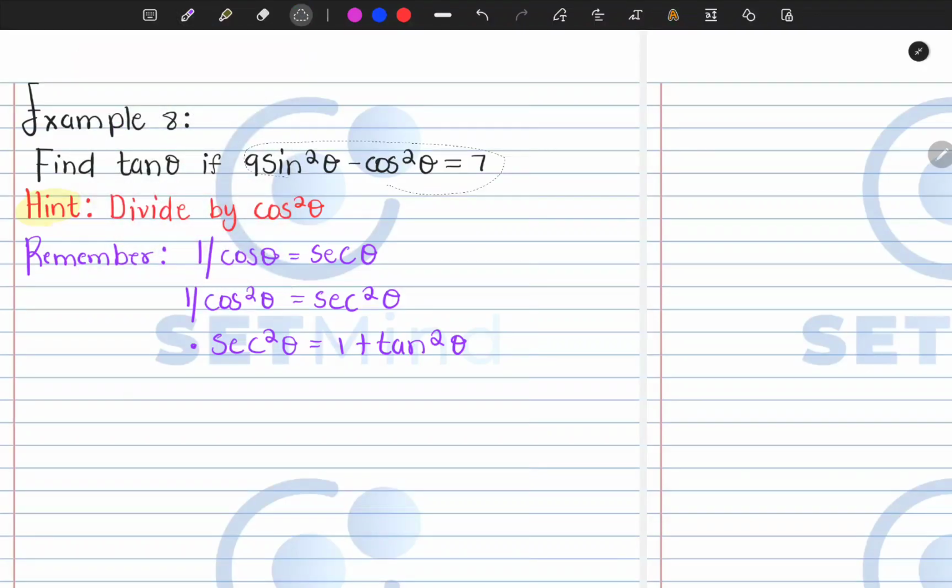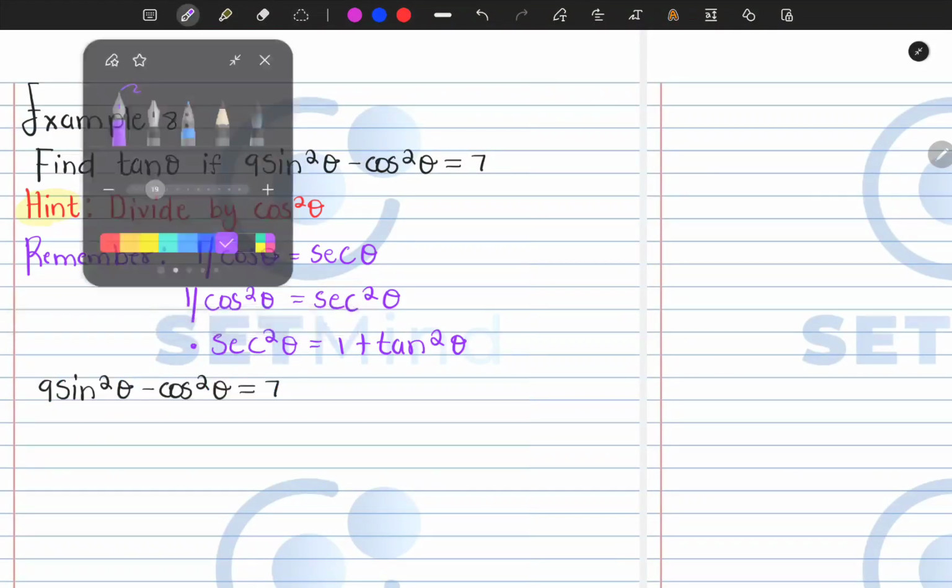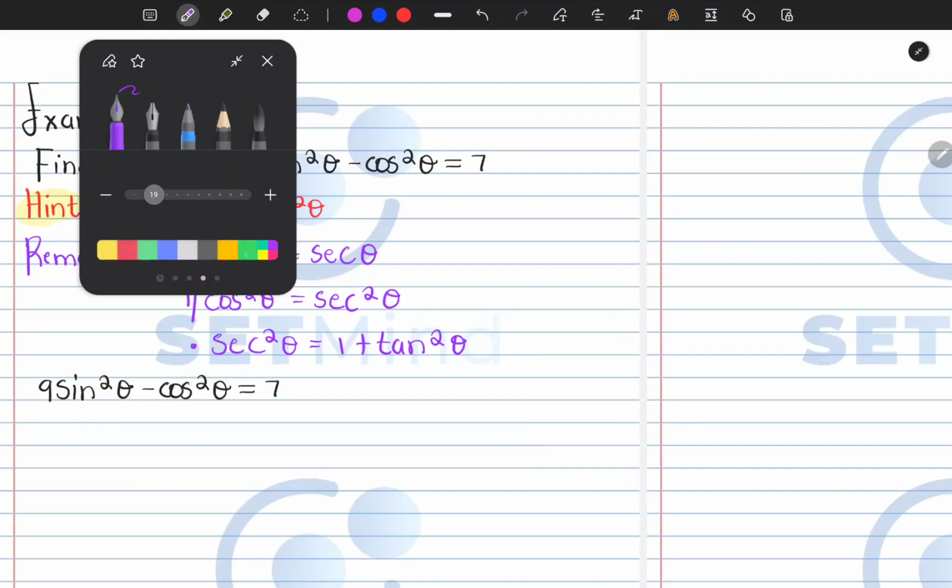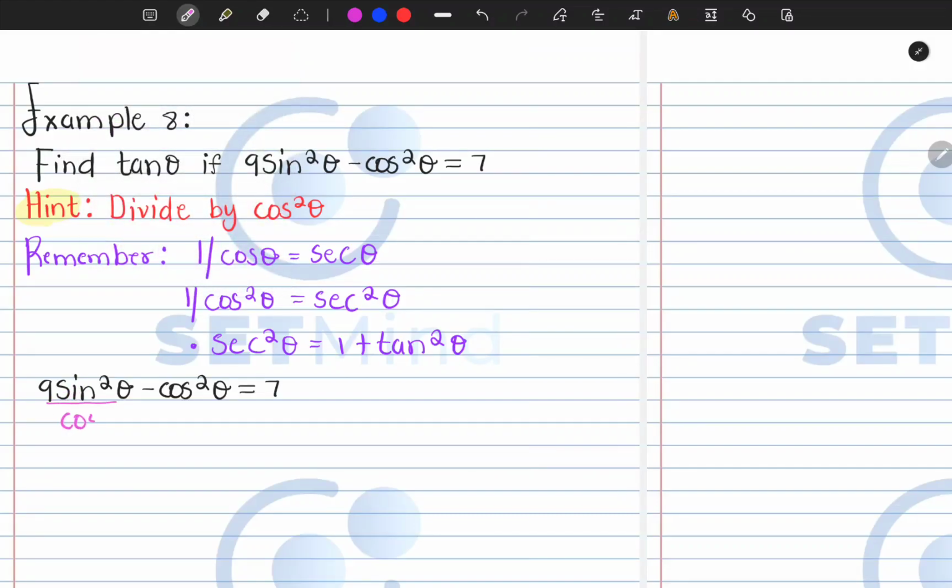So what we are going to do is take the expression as given in the hint, and divide by cos squared theta all over. What you do on the left, you do on the right.